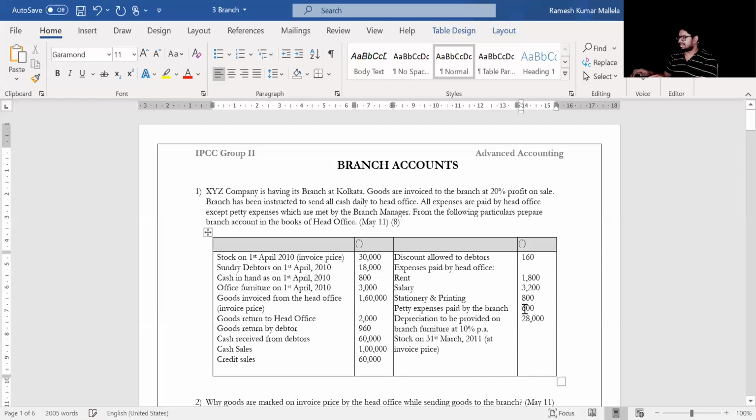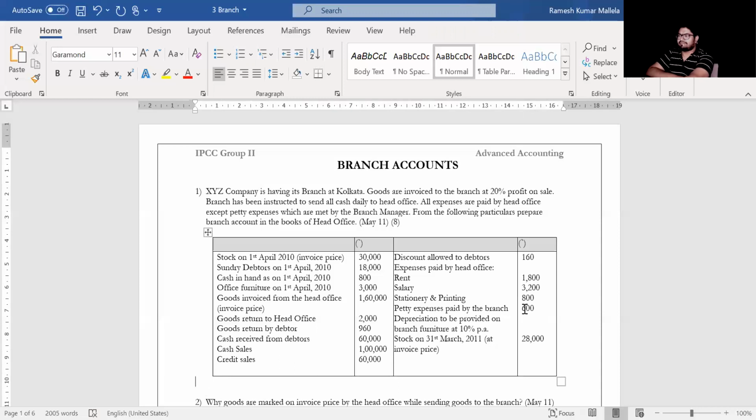Depreciation to be provided on branch furniture at 10% per annum, and stock is at invoice price. So these are the information given to you. Using this, he has asked you to prepare the branch account in head office books.